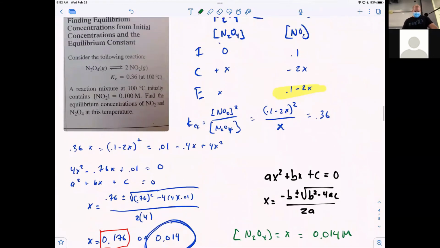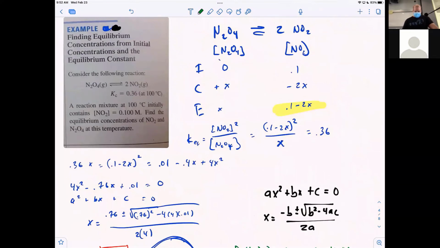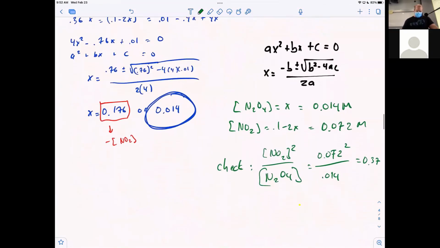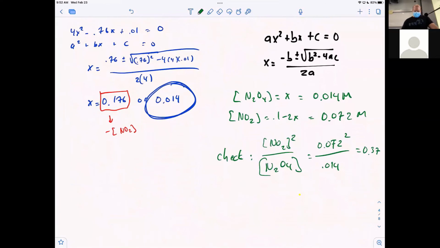And using our amazing, beautiful minds, we determined that one of the values will give us a negative concentration for the NO2. So we throw that root out and we keep the smaller root. Then we plug in the numbers and figure out the equilibrium concentrations for the reactants and products, listed there. We even went further and checked it to make sure we're right, and it turned out we're right. So, questions with this?